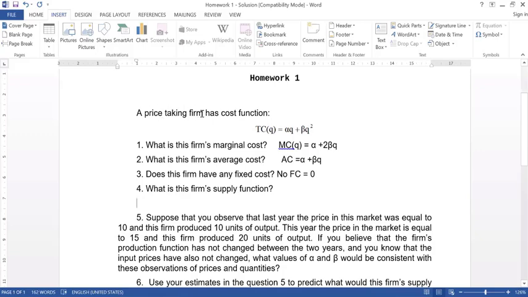In the perfect competitive market, no firm can influence the market price. They have to follow the market price, and the condition to maximize profit for the price-taking firm is marginal cost equal to market price.